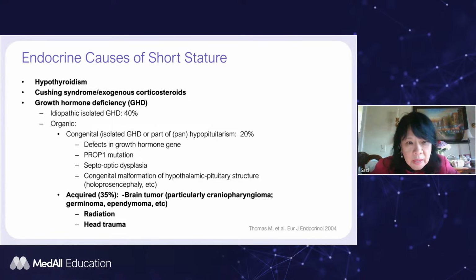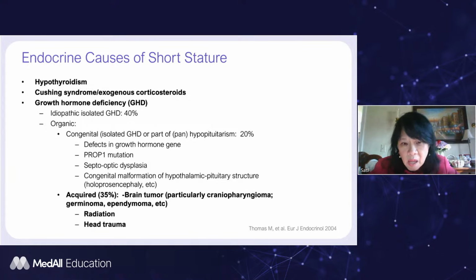And then we also have acquired causes, part of the organic causes of growth hormone deficiency, due to brain tumor, and that's seen in about 35%. So this is why we have to do a brain MRI scan when we diagnose any child with growth hormone deficiency. We need to make sure there are no structural abnormalities from tumor, or any infiltrative lesions in the brain.